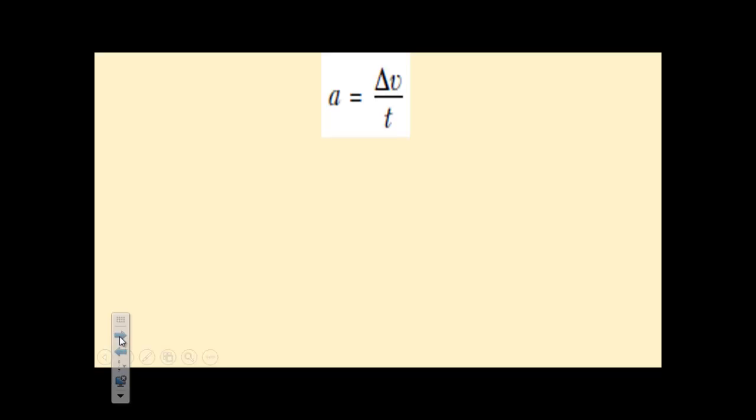If we say that something is going a certain speed VO at the start, and then as it accelerates, it gets going faster, with a bigger speed, or slower, either way, since acceleration just means the change in velocity. This symbol right there, the triangle, means change.